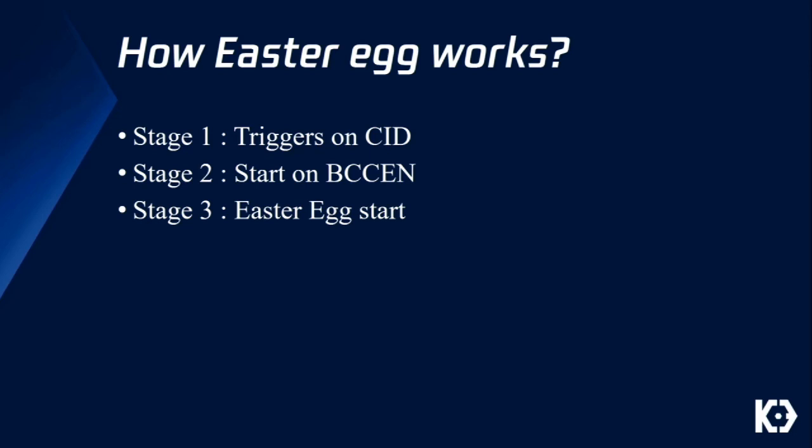Then you should be outside the vehicle and click the fob to trigger the Easter egg. Then all the Easter egg will start. So there are 3 stages. The first stage triggers on the CID, and stage 2 is the trigger on the BCM, and then the Easter egg will start.